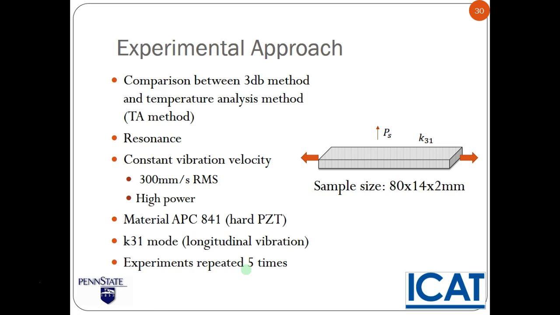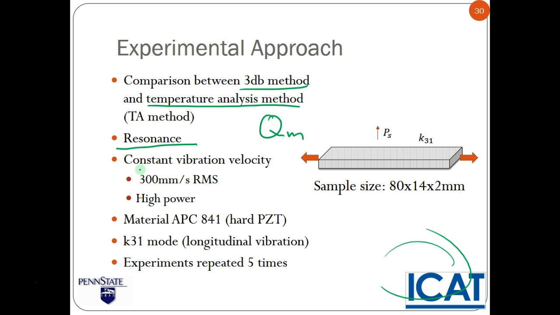So here's a small experiment which I did, small or published, I guess. This was a while ago, so we've improved our abilities here at our lab, but we are comparing the 3dB method and the temperature analysis method, as I'm calling it, to determine the mechanical quality factor.